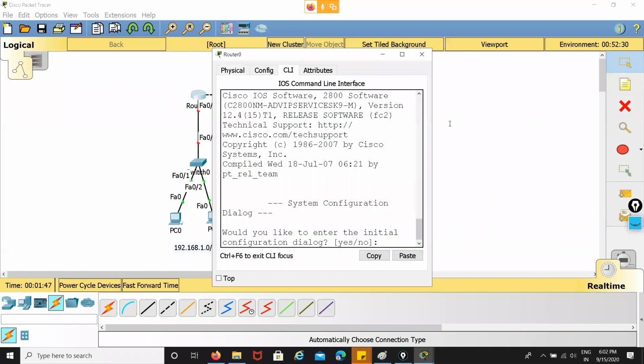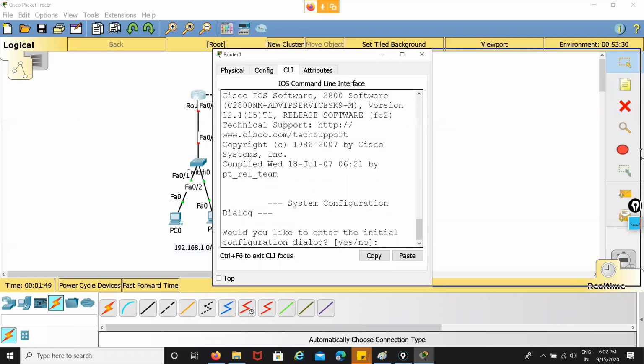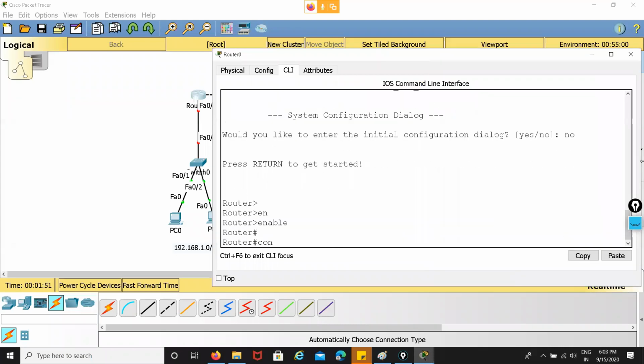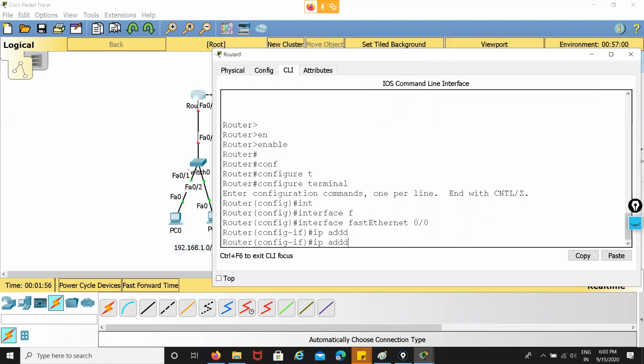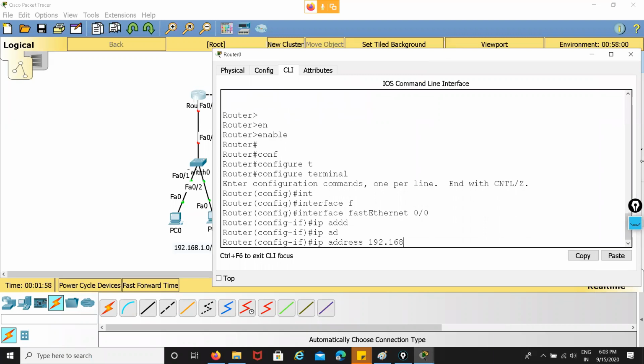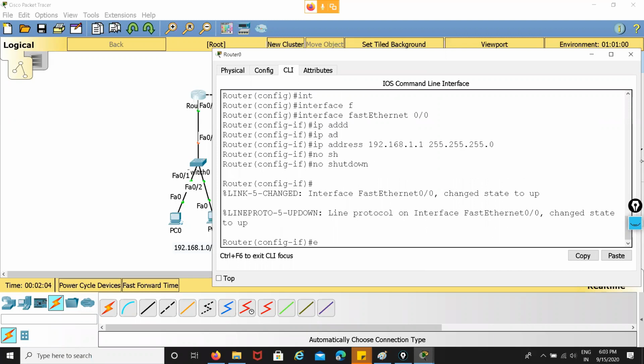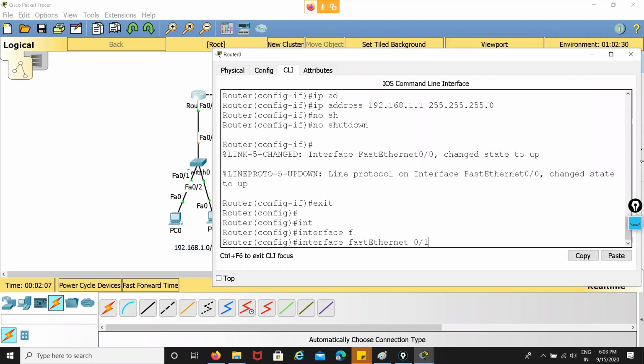In the CLI, configure terminal, and set the IP address on the interface. This specific value is used as the default gateway over its LAN devices.